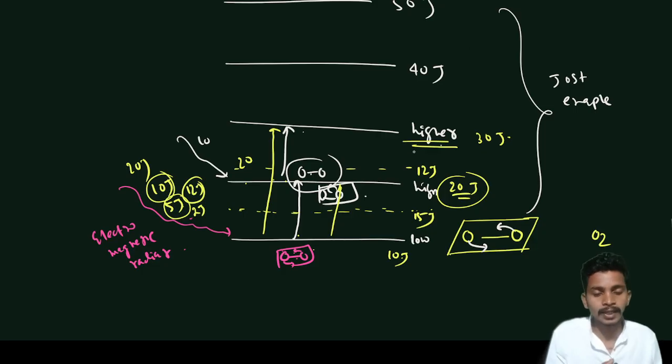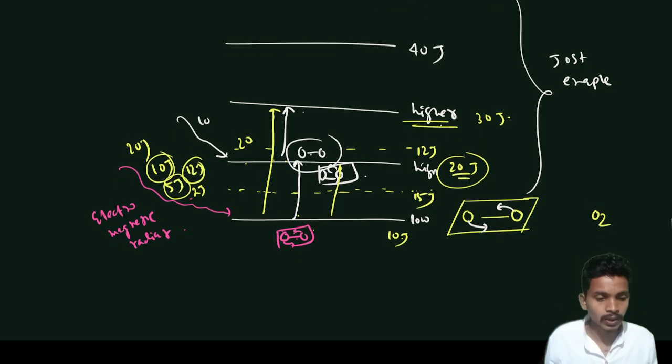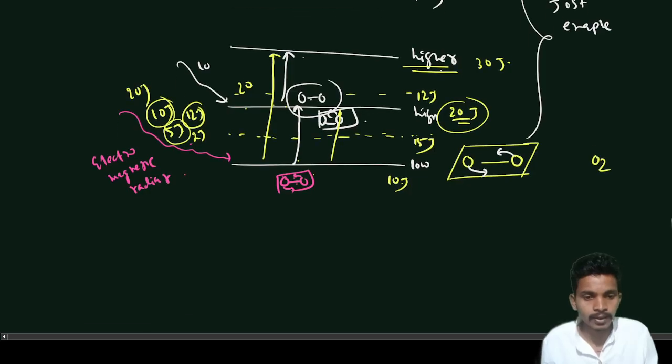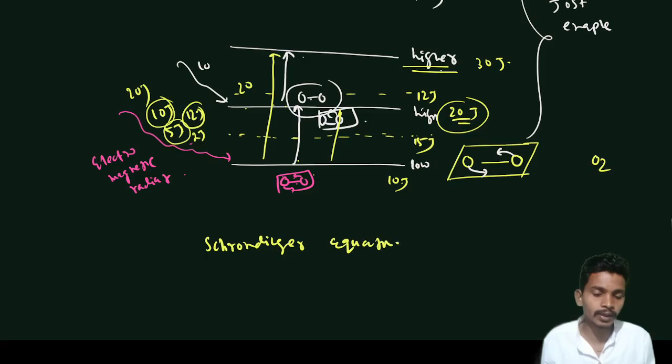Actually, how these energy levels are quantized is given by the Schrodinger equation. It gives how the energy levels are quantized and at what amounts.